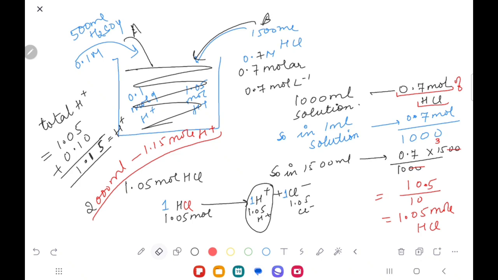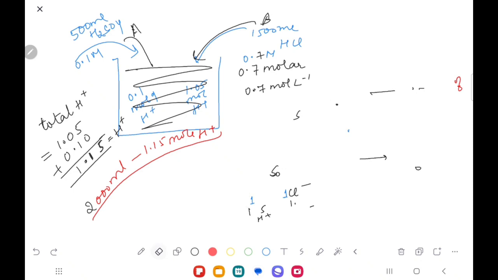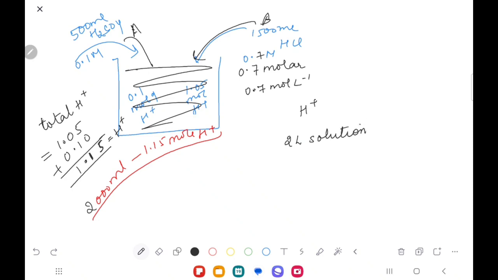No doubt. Right? So when I'm talking about this particular part, just tell me one thing. If I'm talking about this part, what is the new concentration of H plus? Concentration means per liter or per 1000 ml. So I would say that the new solution that is being formed is 2000 ml, which is 2 liters.